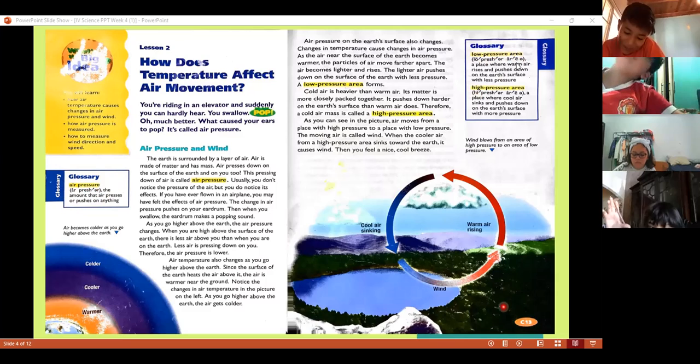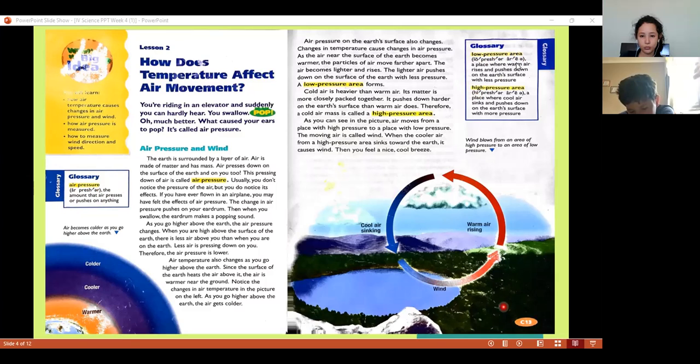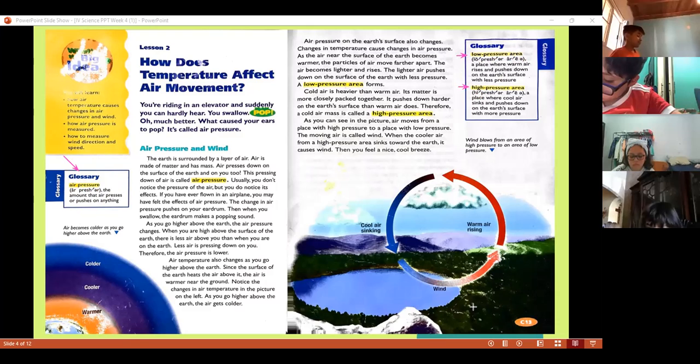Today we're going to copy just that, class. The glossary, these three definitions. Just this. Only the glossary copy. Yeah, the glossary, the three definitions. For today, just the glossary.